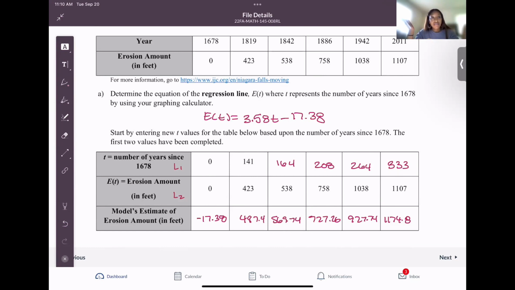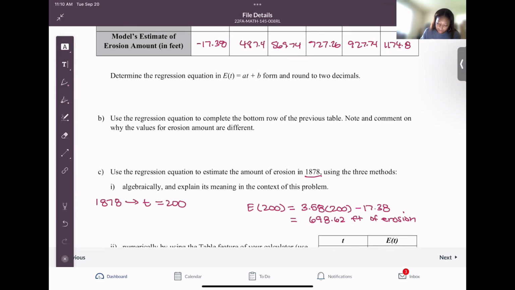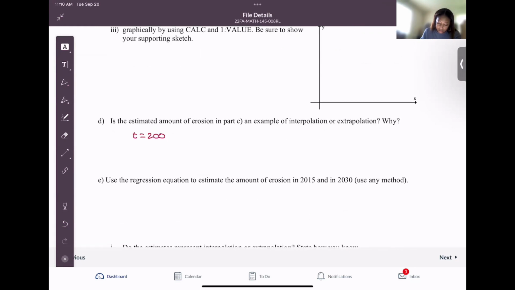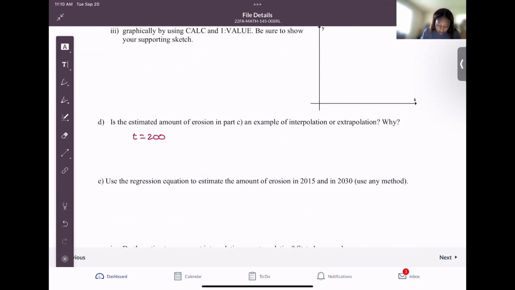If it's outside of these numbers, either less than 1678 or bigger than 2011, then that's extrapolation. But it's within those 2 years. So this is interpolation, because it's between the given years.